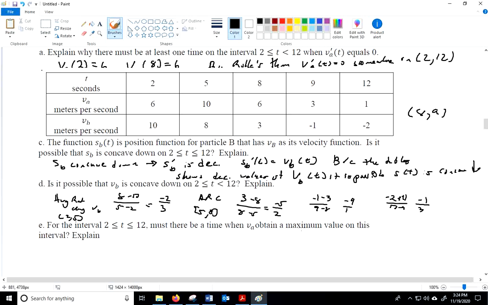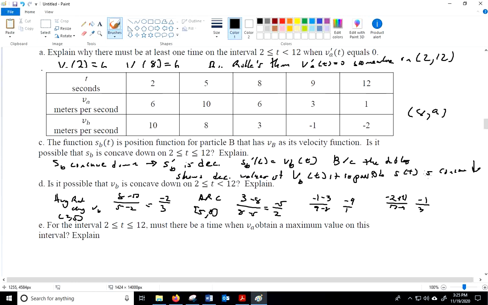Ooh. So what we see here is that the average rate of change seems to be decreasing for a little while, but then the average rate of change changes again. So by the mean value theorem, we know somewhere on the interval from 8 to 9, the derivative is negative 4.